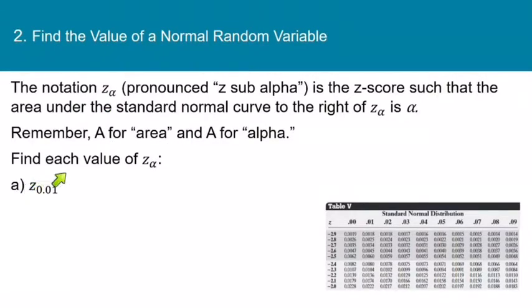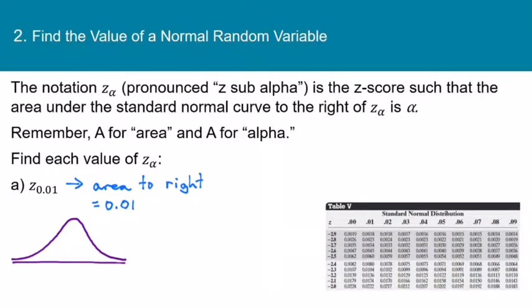So now this says find each value of z sub alpha. Here I have z sub 0.01. That means find the z-score that has an area to its right of 0.01. And so let's sketch that. If the area to the right is 0.01, that z-score is going to have to be way over here to the right side.